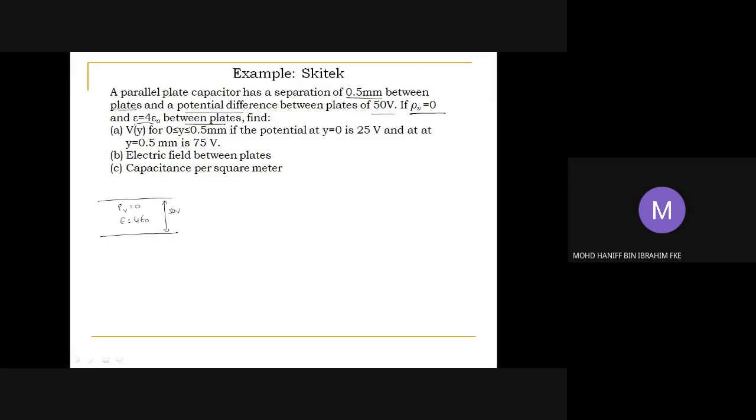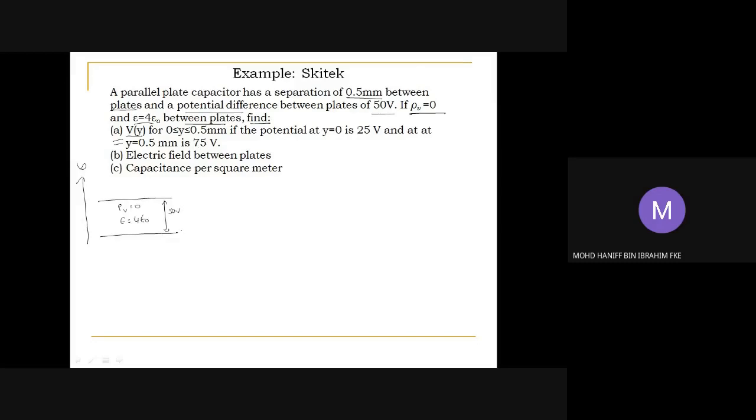This direction is Y, so we need to find Vy, in which Y is from 0 to 0.5 millimeter, if the potential at y equal to 0 is 25 volt and at y equals 0.5 millimeter is 75 volt.